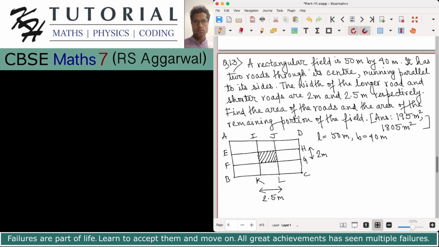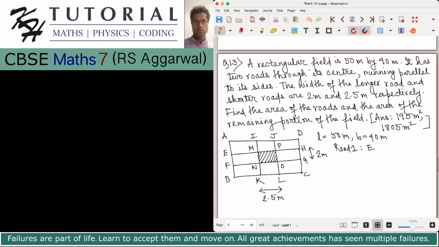So what is the remaining portion of the field? Let's name the overlapping rectangle. Let this be MNOP. Rectangle MNOP is the overlapping area between the two roads. Let's say road 1 be the road running parallel to the length.